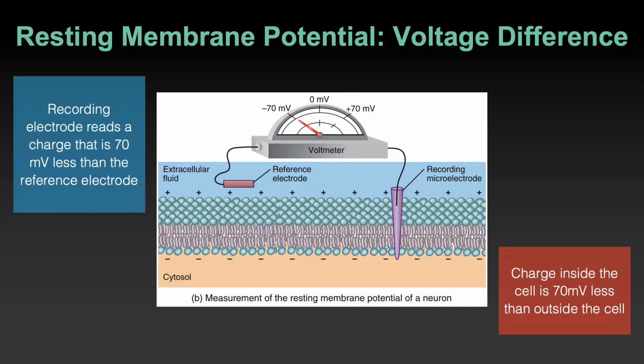Now that I've hammered that point to death, all we need to worry about is that there is a difference. There is the potential for ions, both positive and negative, to move. The membrane is a barrier that separates these two environments.